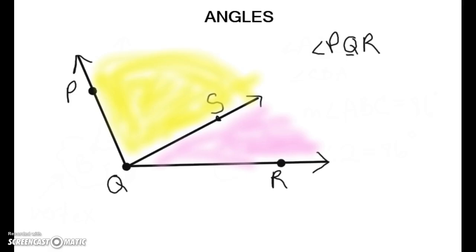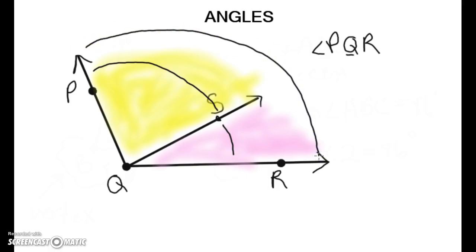But if you keep them together, does it make sense that this angle from P to S, and if you add the angle from S down to the other side, if you add them together, don't you have the entire larger angle measure? This is called angle addition. And it allows us, just like it did with segments, to write an equation.